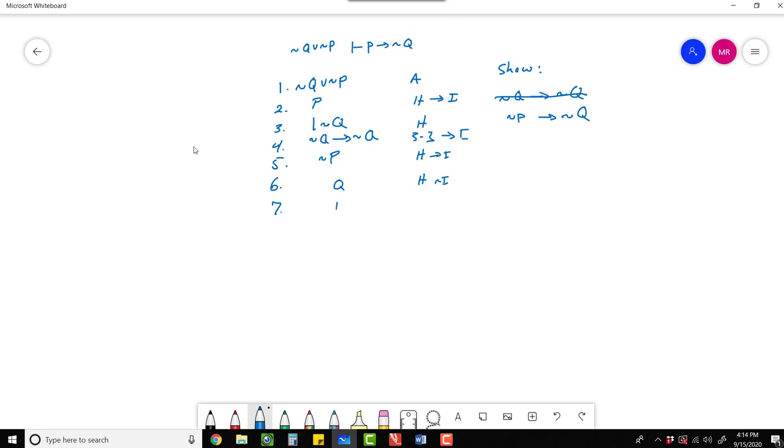Once again, I'm just going to bring down P and not P, 2 and 5, right? 2, 5, conjunction introduction. Okay, so 2, 5, conjunction introduction, P and not P. We've got our contradiction.